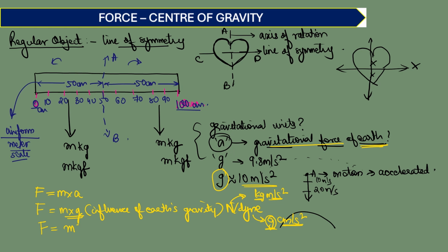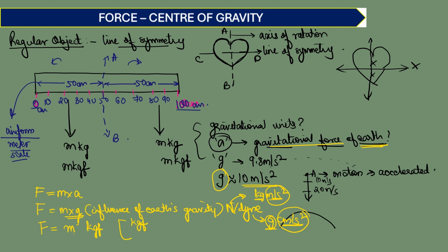But I would like to remove this unit. I am not going to use the unit of acceleration as meter per second square. Instead, when a body is under the influence of Earth's gravitational field or Earth's gravitational force, I will simply write force as m kgf. What does this mean? kgf is kilogram force.